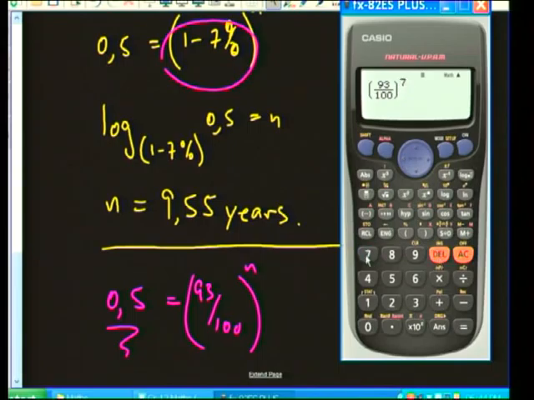Let's try 7. Oh, 0.60. It's getting closer to 0.5. Let's be a devil and go to 9. Ah, 0.52. Oh, getting really, really close. Let's try 9.5. Getting even closer.